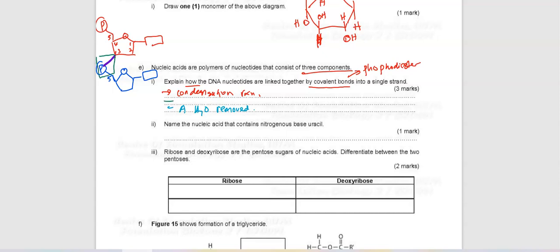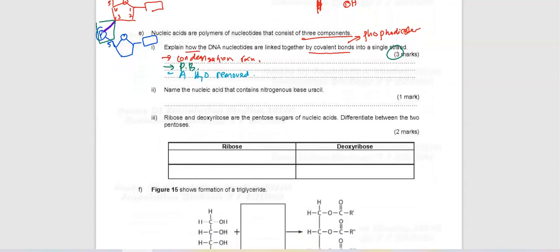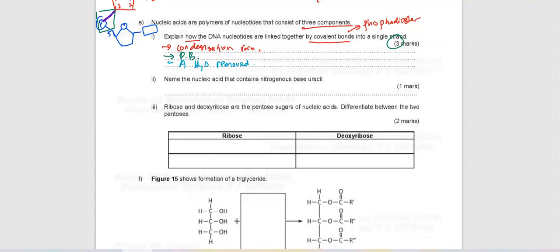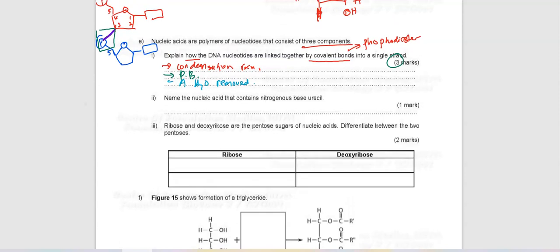So it involves the formation of a phosphodiester bond. Those are the points that you can include in your answer. It is worth 3 marks, so 3 points, 3 explanations that you have to include in your answer.